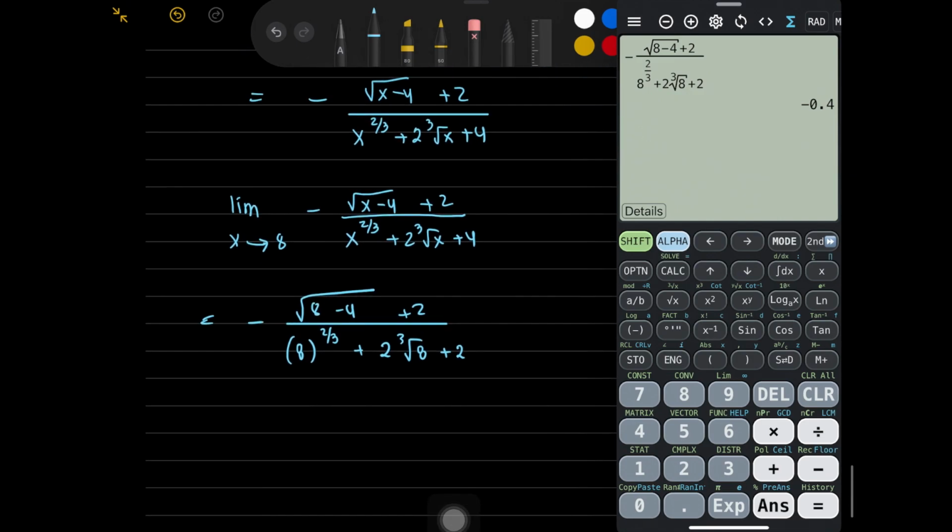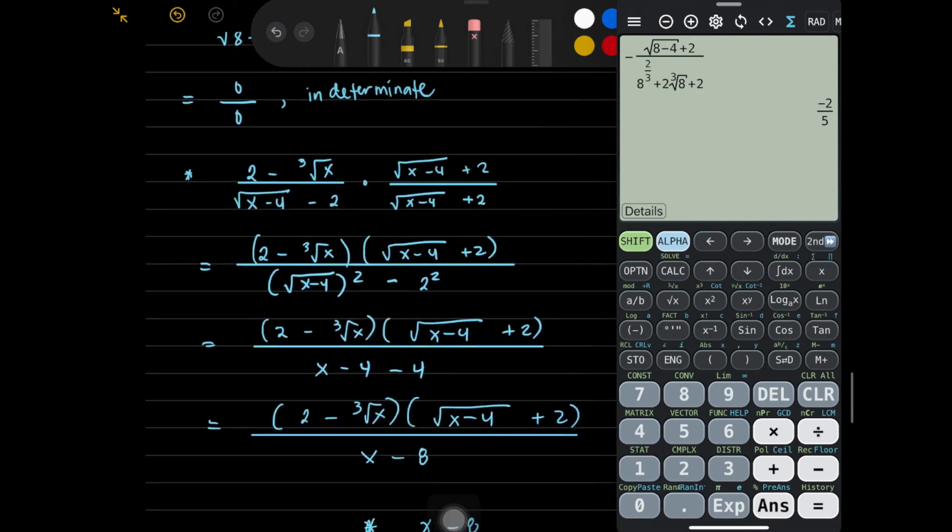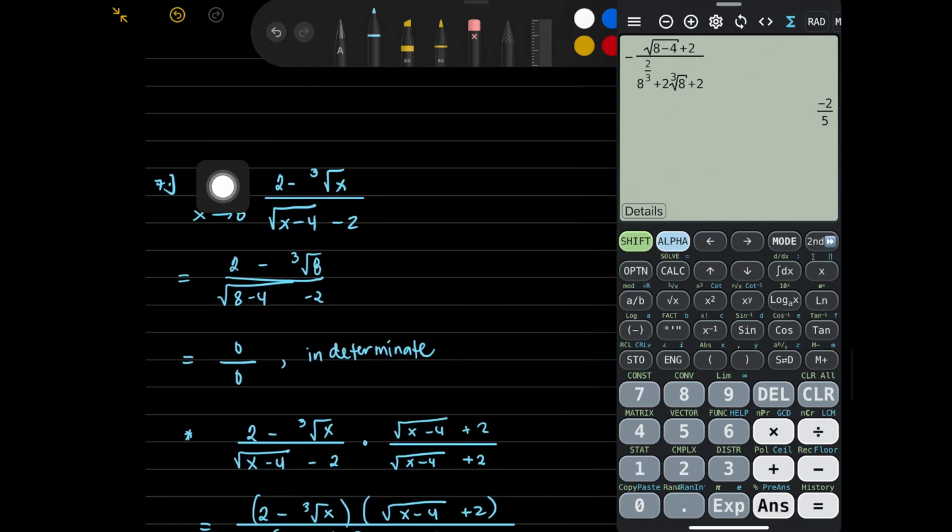Alright, so the answer is now equal to negative 0.4, or in fractional form, that is equal to negative 2 over 5. So this is now the limit of this function as x approaches 8.